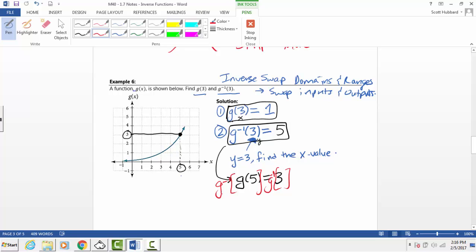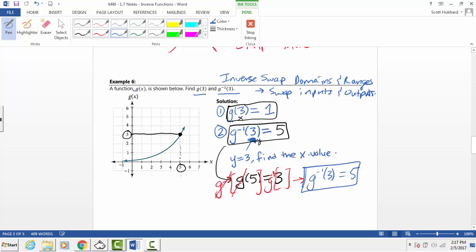But we know something really cool about inverses is that they cancel each other out. So g inverse of g just cancels out, and that is why we got the answer that we did, which is g inverse of 3 is just equal to 5.